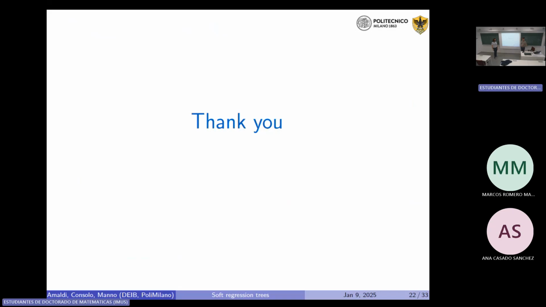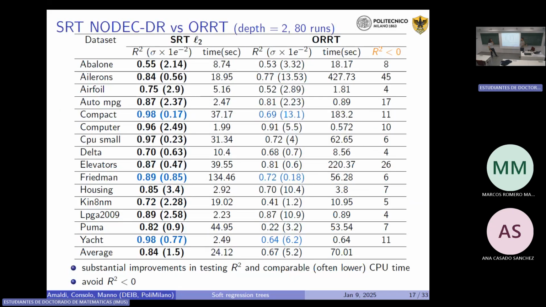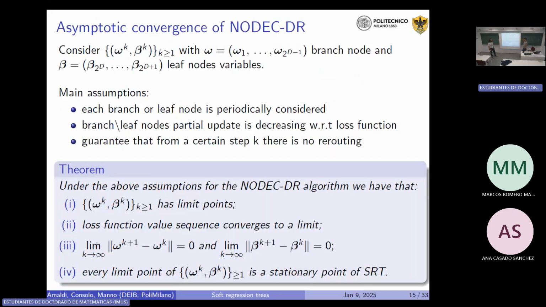Before I ask the questions online, if there are any, I would like to ask you about the theorem that you have. Do you have an estimate of the rate of convergence? No, we didn't. This is the only thing that we didn't work on, the rate of convergence. Something that I really would like to do. We were thinking with my co-authors to do that, but we didn't.